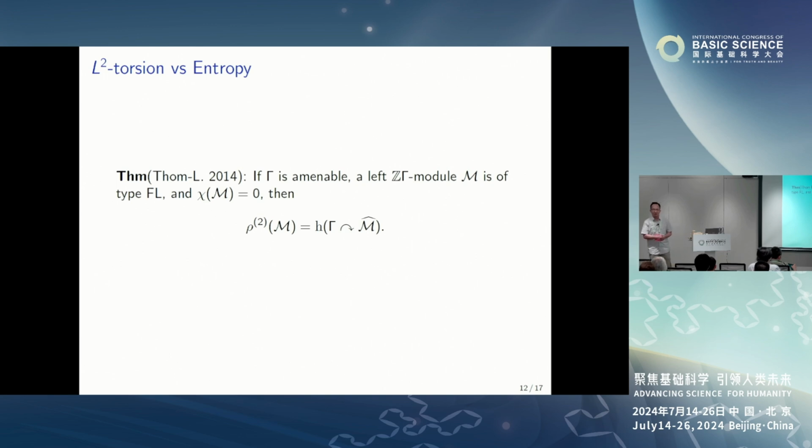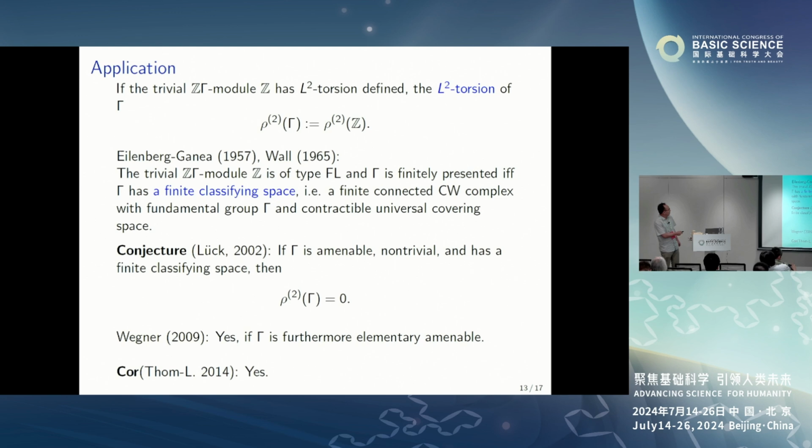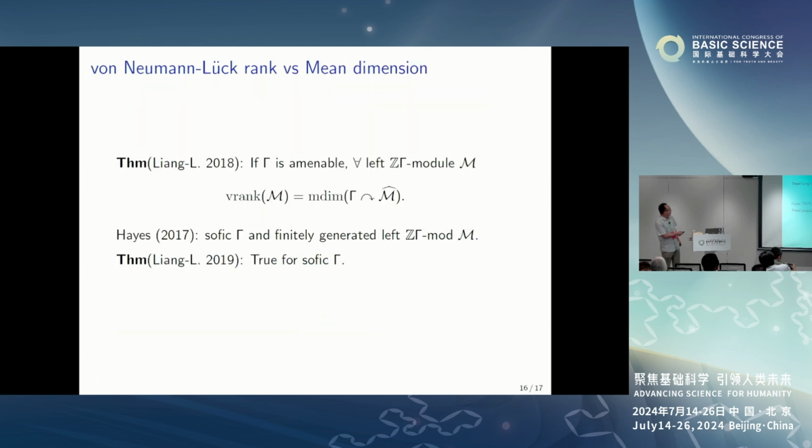In this identity, the von Neumann rank, I see this identity can be an obstruction for a discrete group to be amenable. So I want to ask: have you tried to compute the von Neumann rank for Thompson's group?